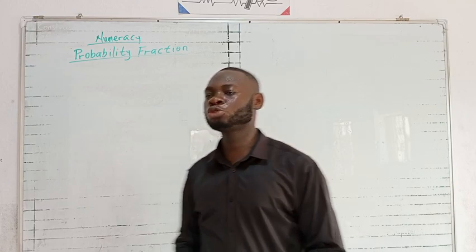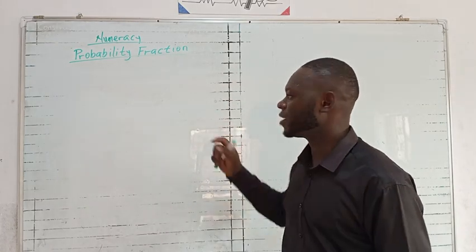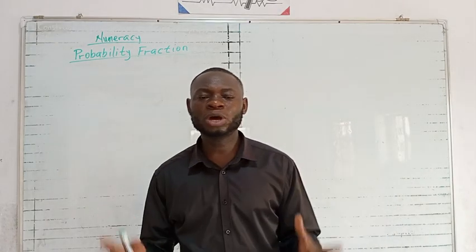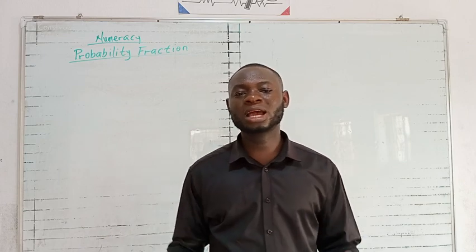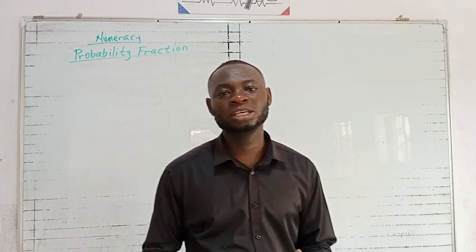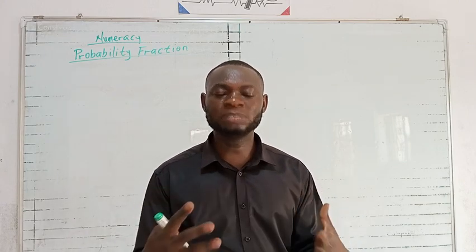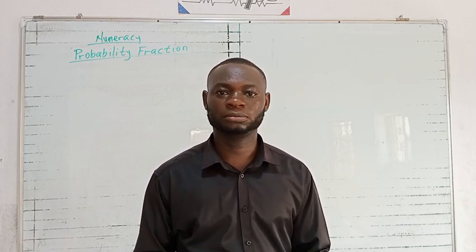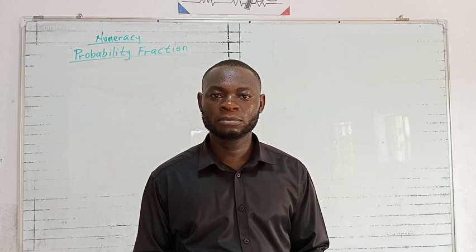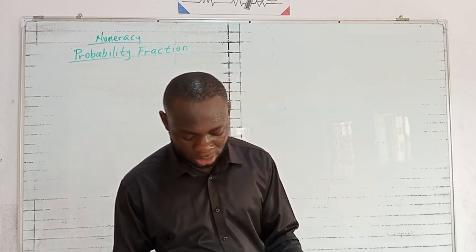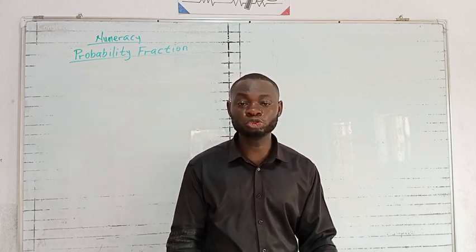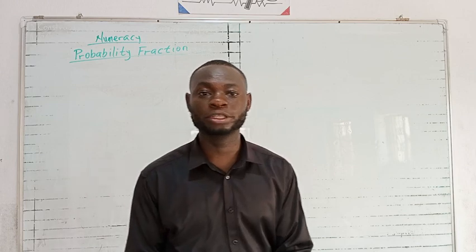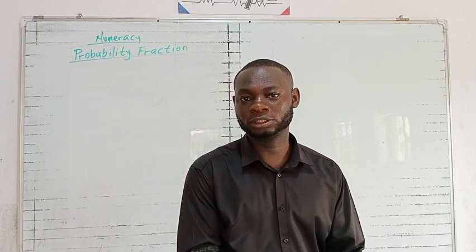Today, we are moving into probability fraction. What it simply means is that we can represent the possibilities of the occurrence of an event in fraction. So, we can represent the chances of choosing an object from a box with fraction.